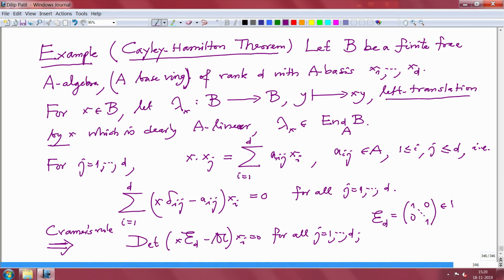So this is in M_d(A), and this matrix A is the matrix (a_ij), 1 ≤ i, j ≤ d. This is also a matrix with entries in A.